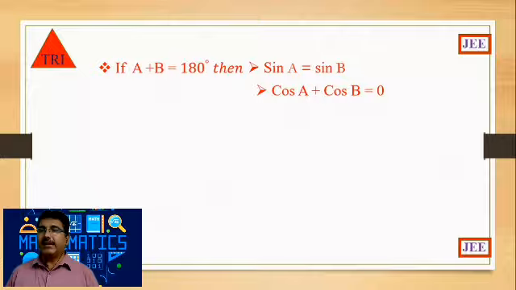Therefore, cos A plus cos B is equal to 0. Similarly, tan A plus tan B is equal to 0.